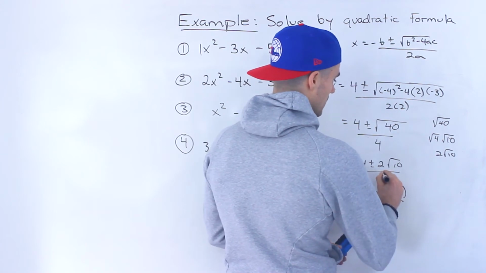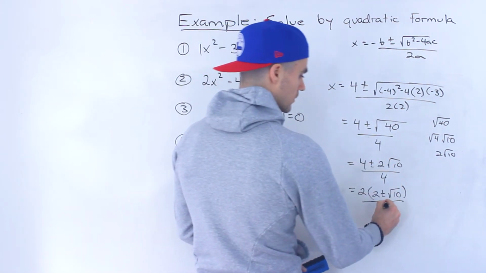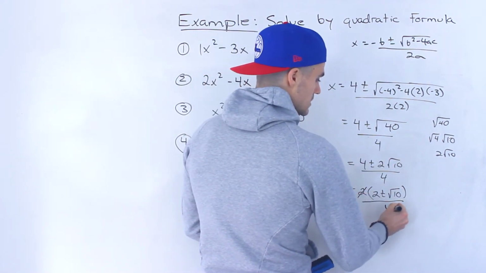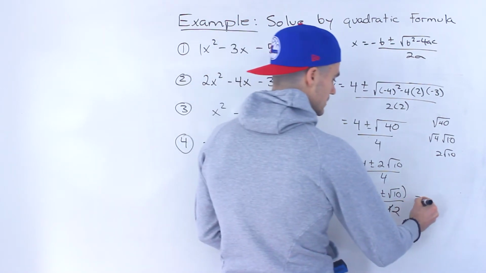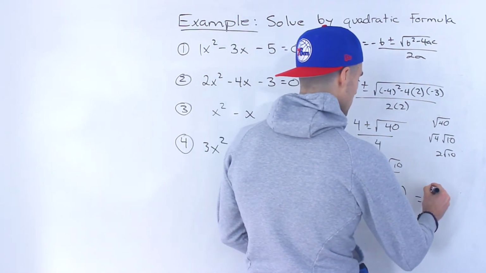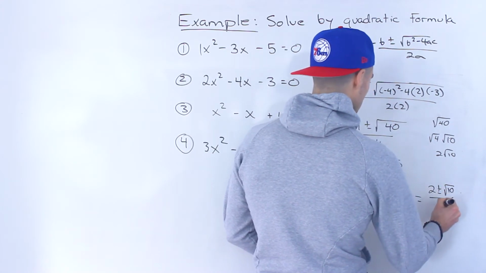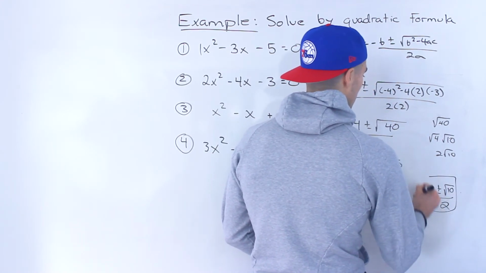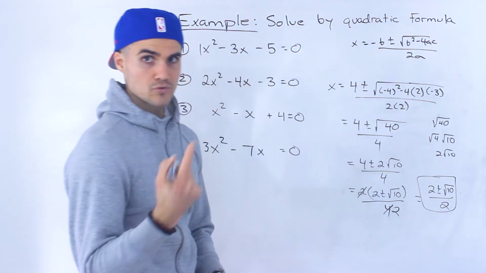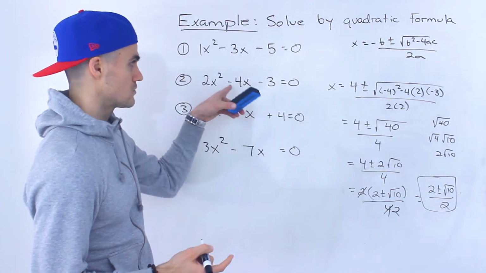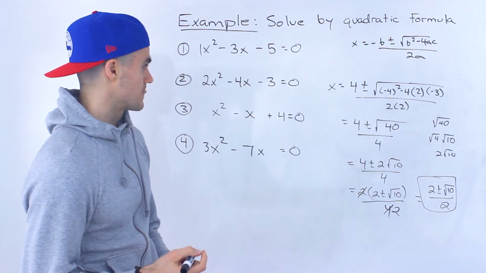I just caught that, my bad. Then we could factor out a 2 at the top, so the final answer would end up being 2 plus or minus root 10 over 2. That would be the simplified form. Those are the two answers to this quadratic equation.